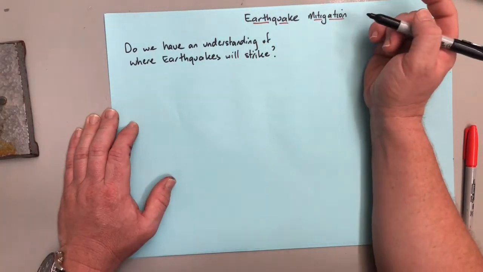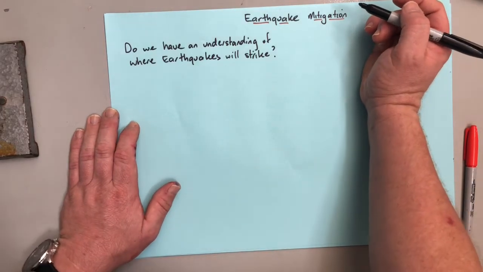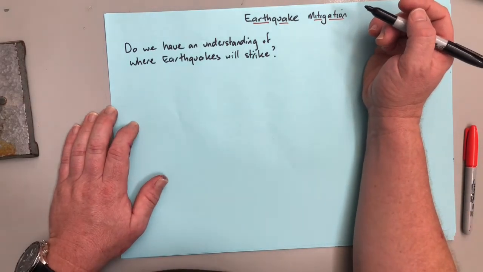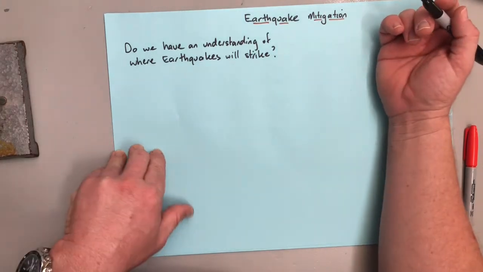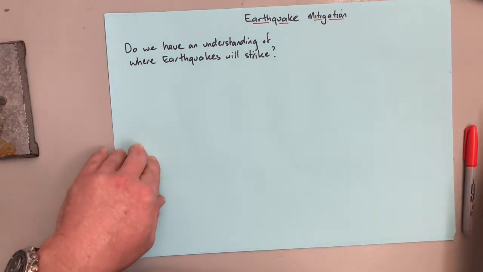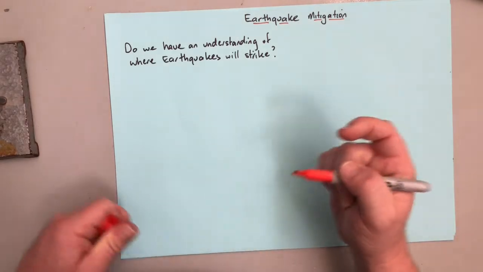You see, mitigation is the removal of, the reduction of any risk to any people or property. So the first thing we have to look at is, do we have an understanding of where earthquakes will strike?